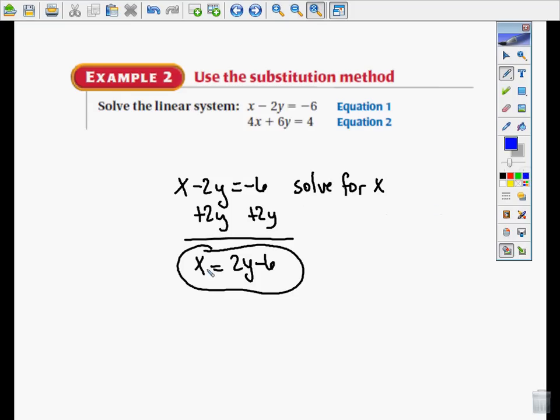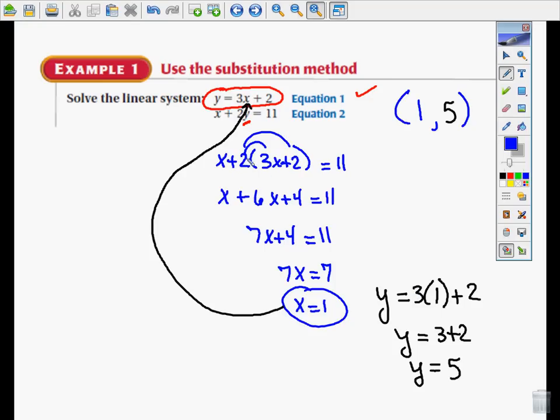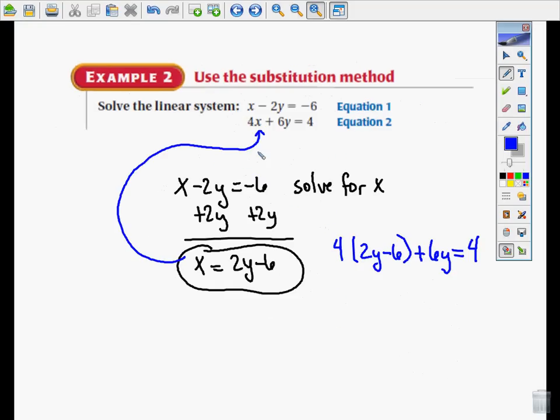Step 2, I put this up into the other equation, the one that I haven't revised. So I have 4 times the quantity 2y minus 6, plus 6y equals 4. Same drill that we had back here. I'm going to solve it. I have the distributive property.